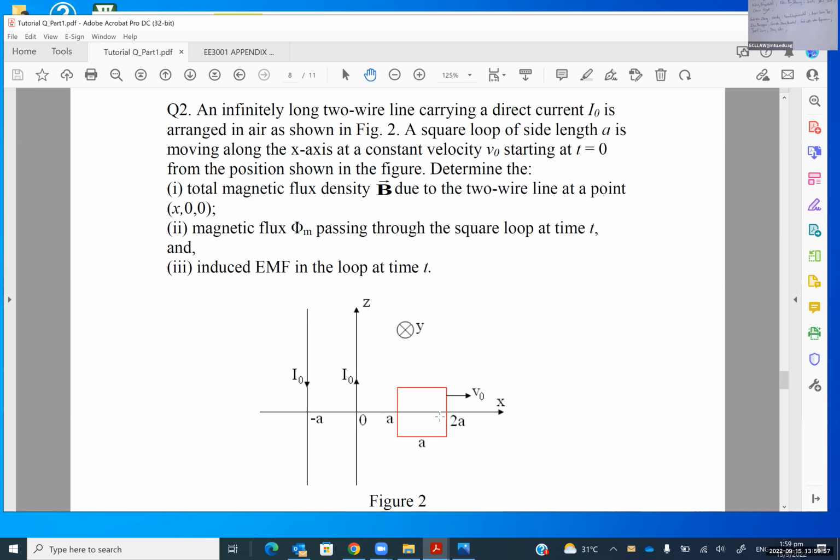If there's time varying flux, there will be induced current. Is there time varying flux in this case? No, it's moving. Yes, this wire loop is moving at constant velocity. So what happens?